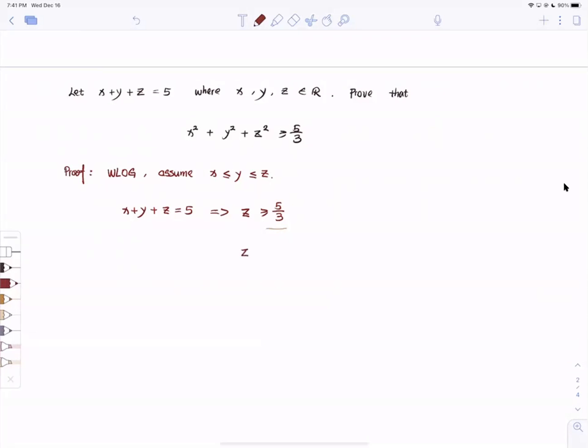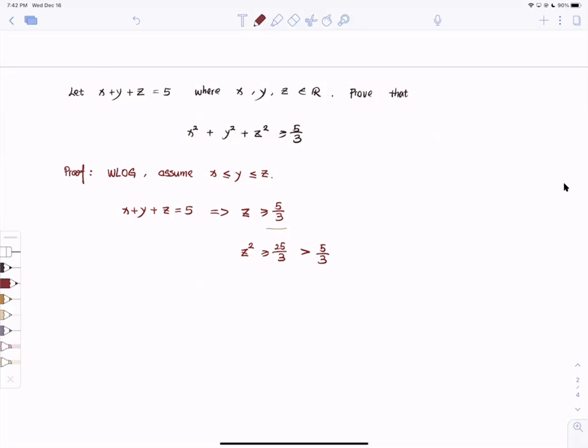So z square is greater than or equal to 25 over 3. So this is greater than 5 over 3. We know this is already greater than 5 over 3. So if you add two non-negative numbers, it's going to be definitely greater than 5 over 3.